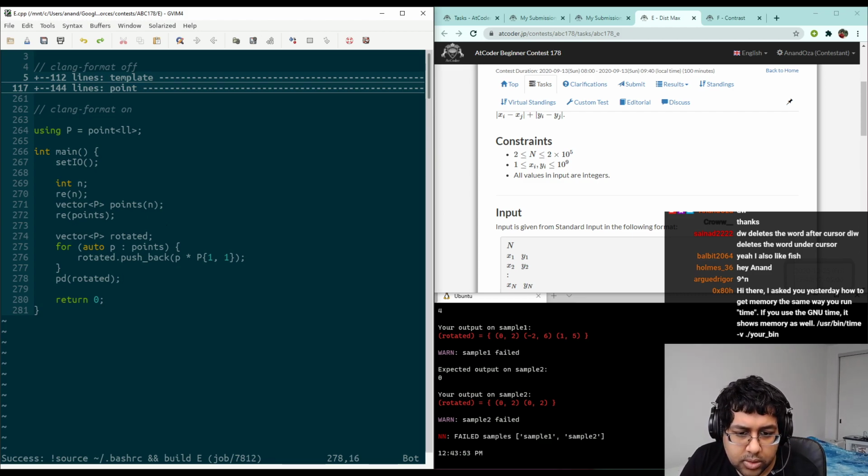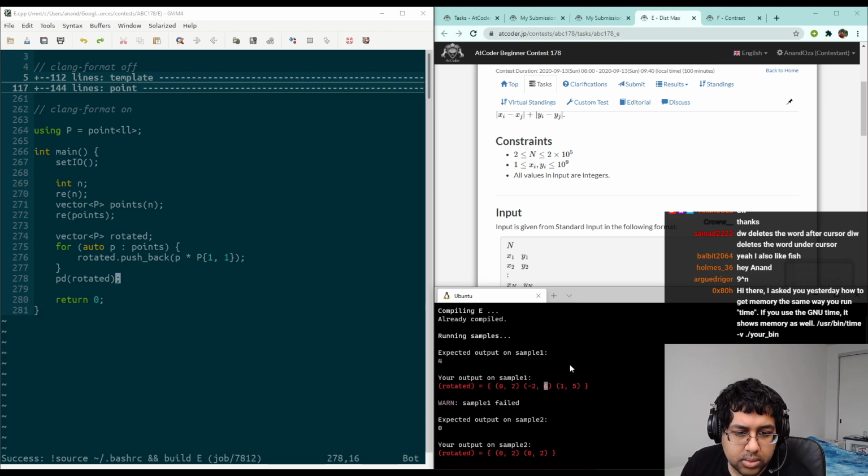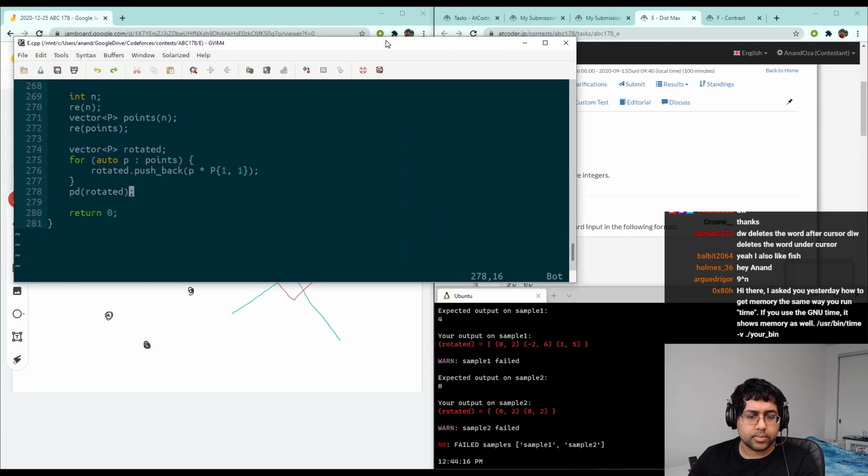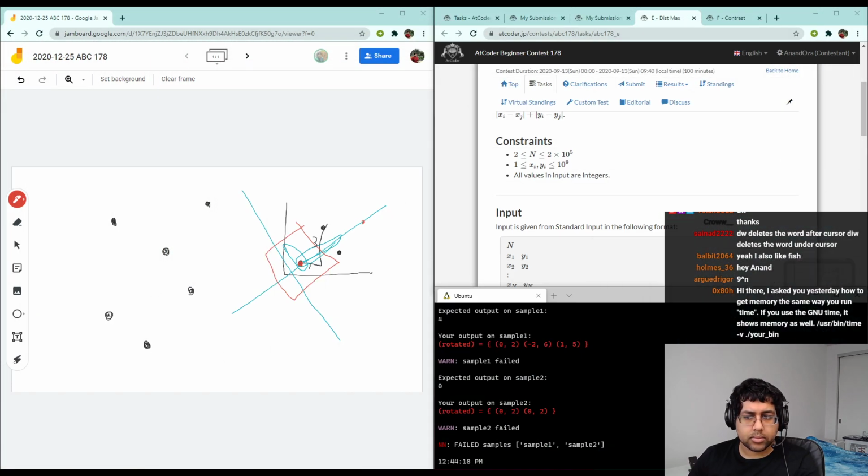Is this what we want? So let's look at this example to just make sure we got the right idea. So 2 to 6 would be 4. And then, wait, is the answer just 4 then? Wait, that doesn't sound right to me. So this point becomes 1. Wait a second.